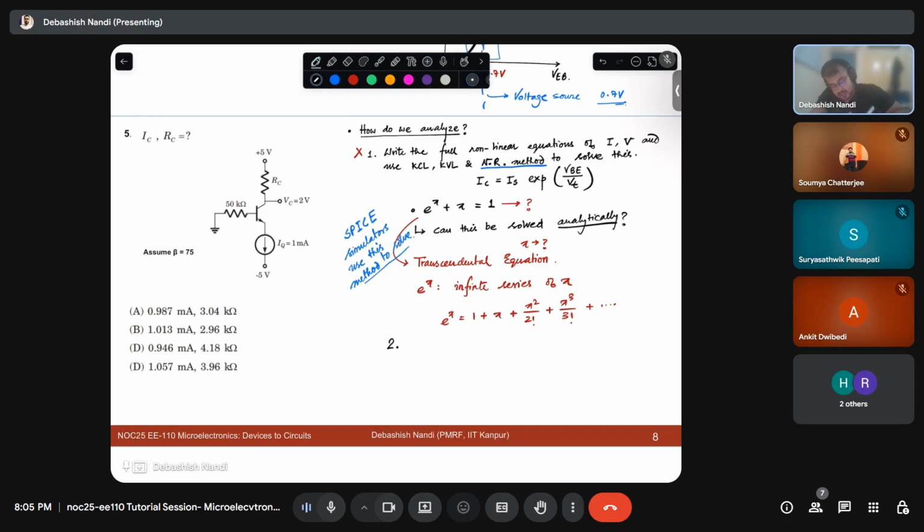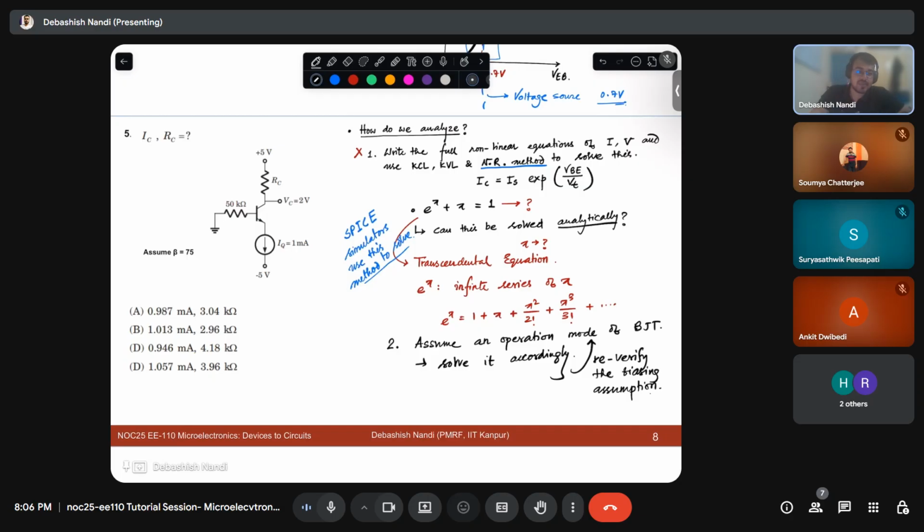The other method is you assume a bias and operation mode of the BJT. Solve it accordingly and then you re-verify the biasing assumption you made.